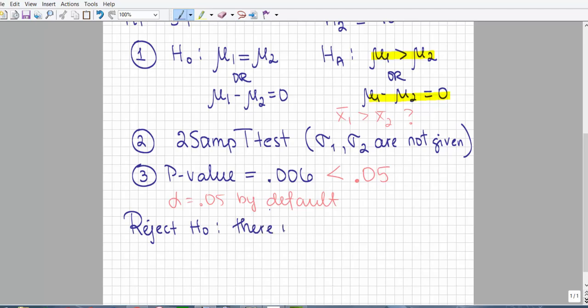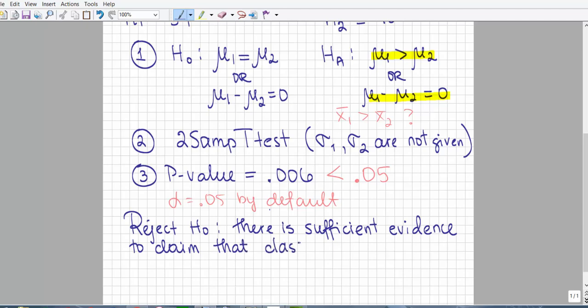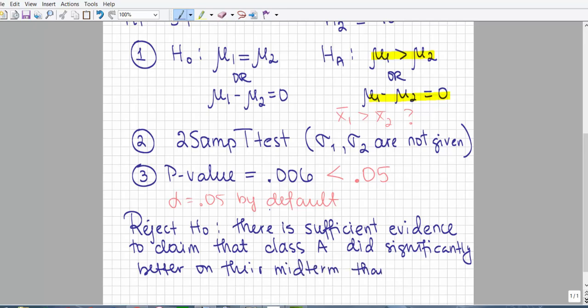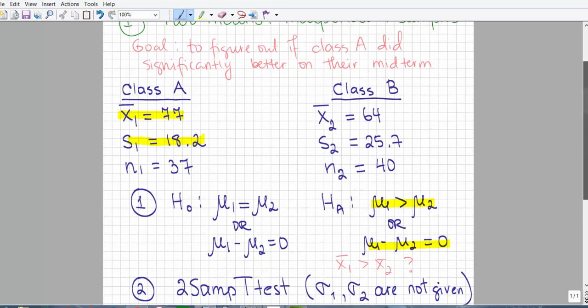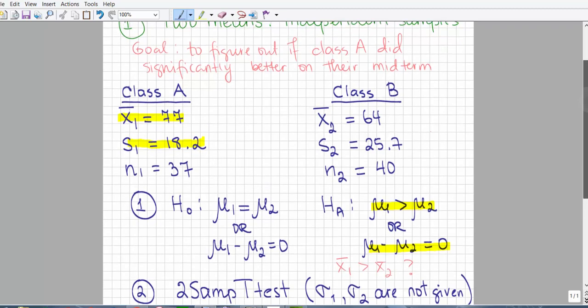There is sufficient evidence to claim that class A did significantly better on their midterm than class B. This is basically saying 77 is significantly higher than 64.